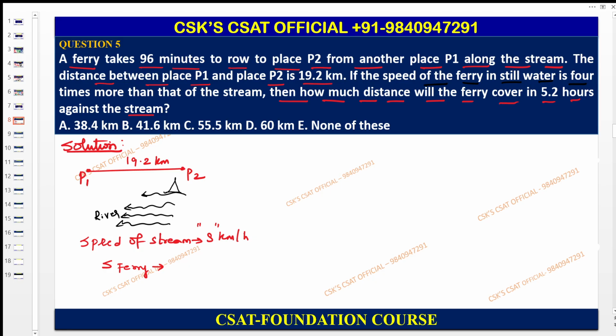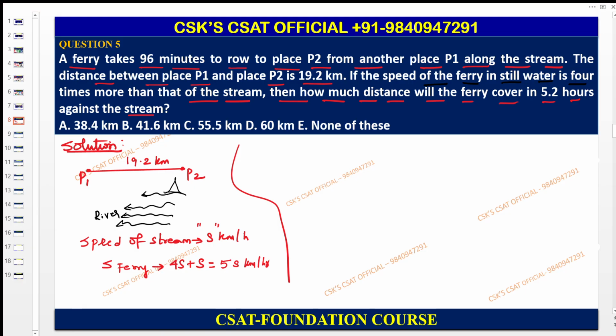They are giving you 4 times more than the stream, so it is S plus 4S, since S must be added with the 4 times more. 4 times more and 4 times as much are entirely different, please understand this. So the ferry speed is 5S kilometer per hour.